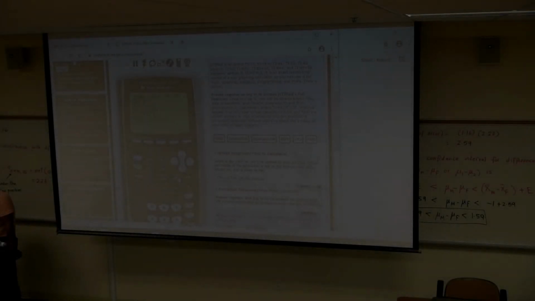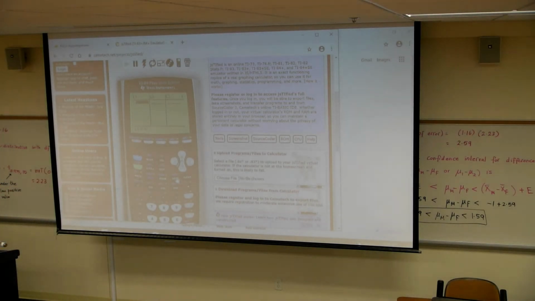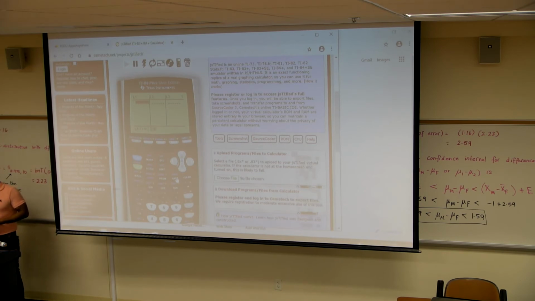So what I'm going to do is I'm going to enter the data in list 1 and list 2. Erase the data and I write the data. So I entered list 1 as well as list 2.